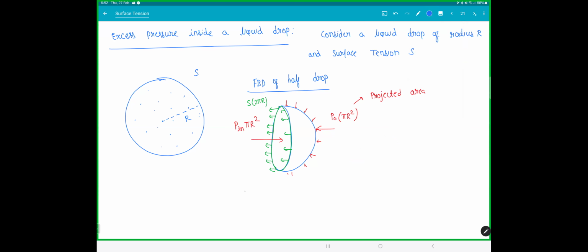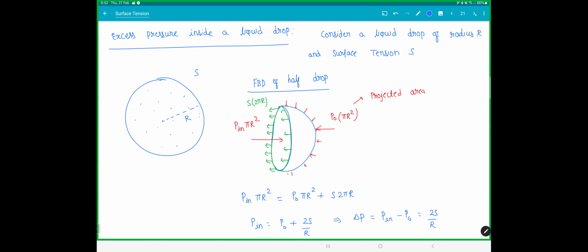So if you try to balance these forces, because the liquid drop is in equilibrium, P in into pi r square will be P naught into pi r square plus S into 2 pi r. So from here we get pressure inside equals pressure outside plus 2S by r. So the excess pressure delta P, P in minus P naught, is 2S by r.